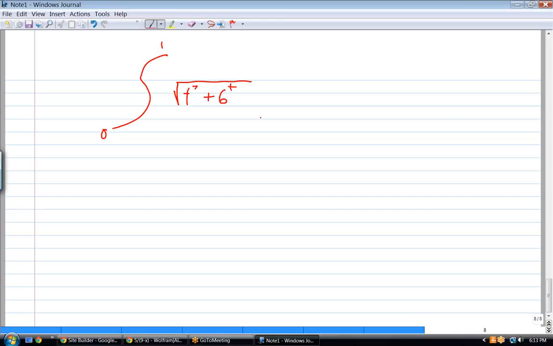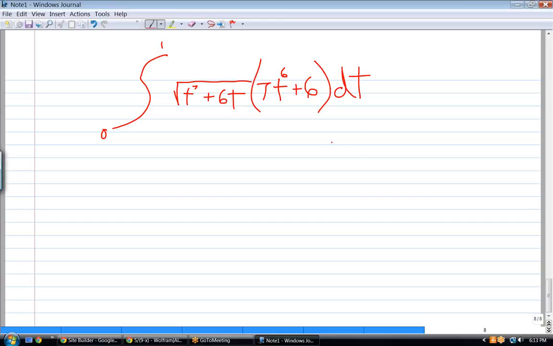Now before you say anything else, I'm going to guess that this whole thing is being multiplied by some order of t to the 6th plus 6. Correct, because that's the derivative of the inside. Yeah, parentheses 7t to the 6th plus 6. In fact, that's the exact derivative.